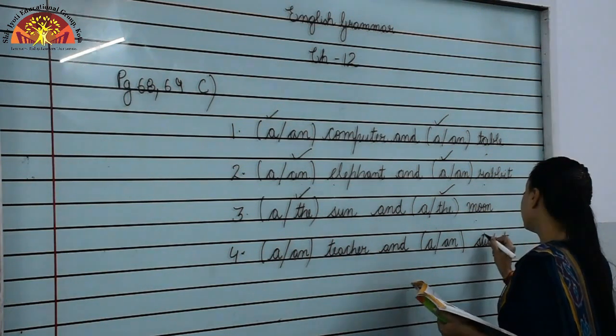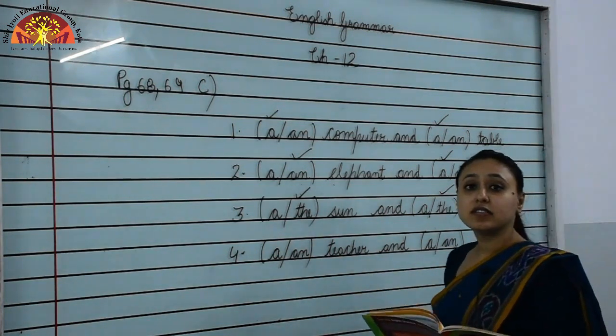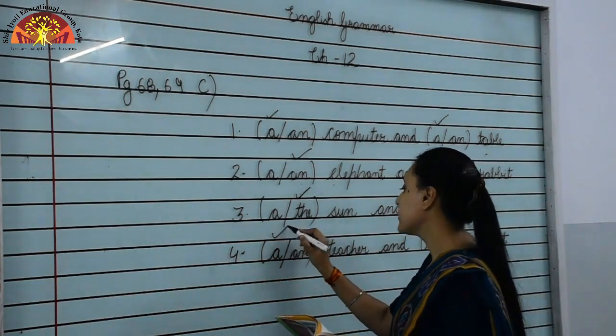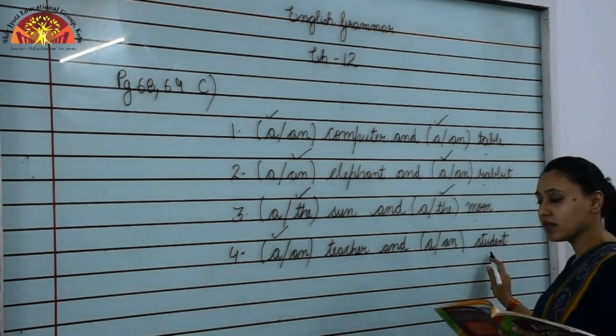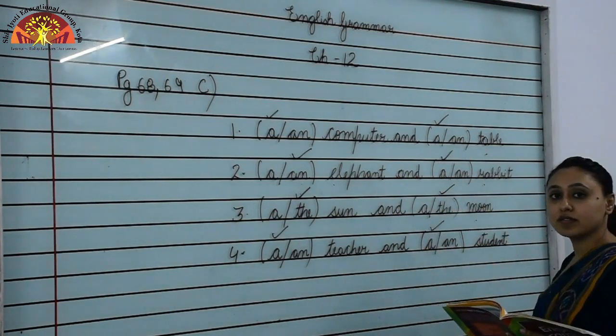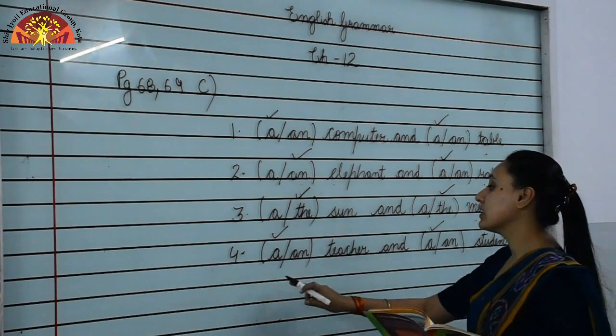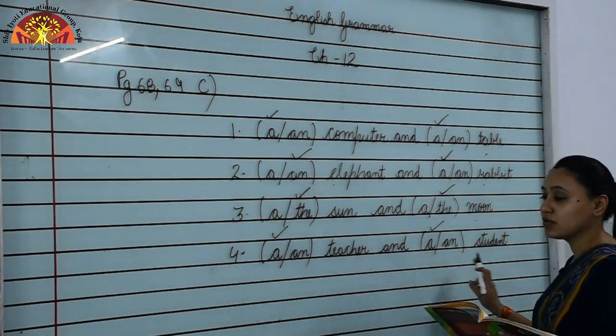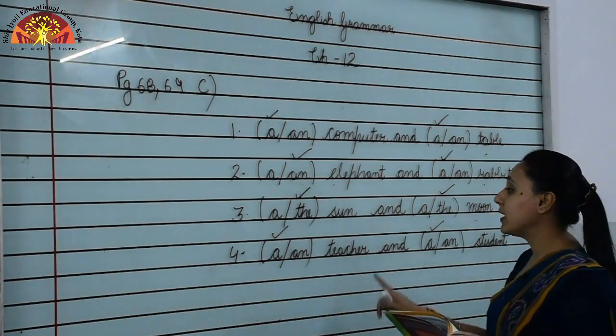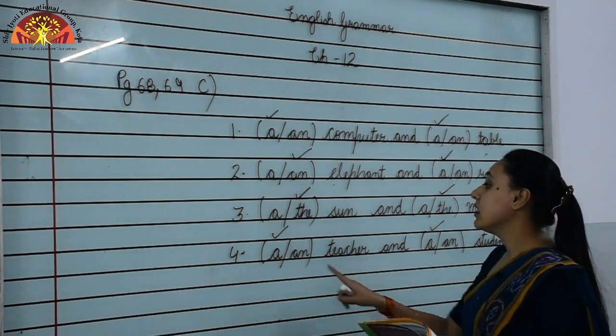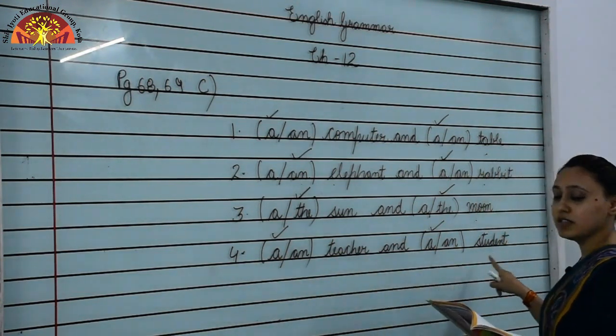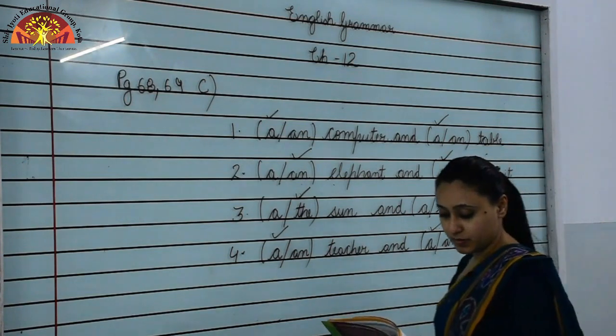So teacher is a consonant sound word, so we will choose a here, and student is also a consonant sound word, so we will also choose a here. So the sentence is a teacher and a student. Here we are talking about one thing, a singular noun, a teacher and a student, okay children. I hope this is clear to you.